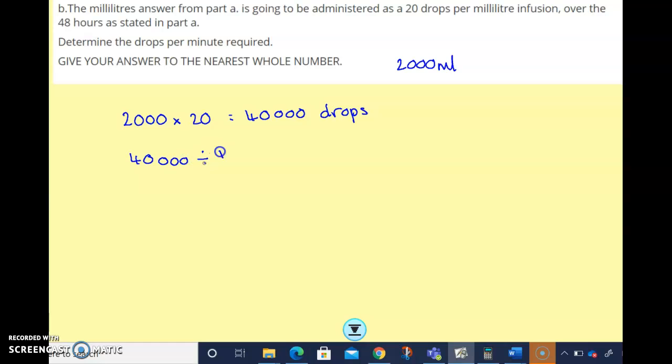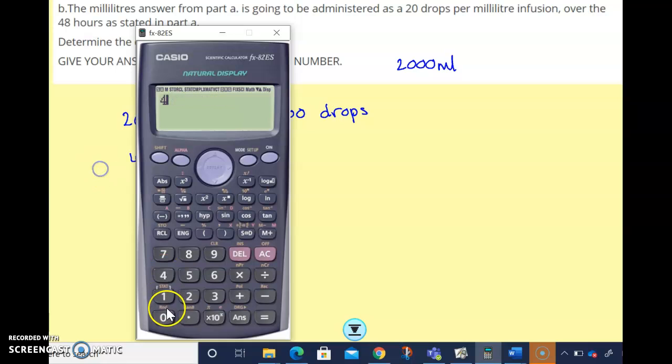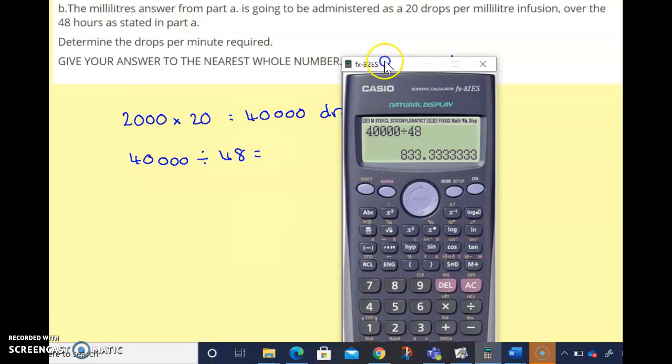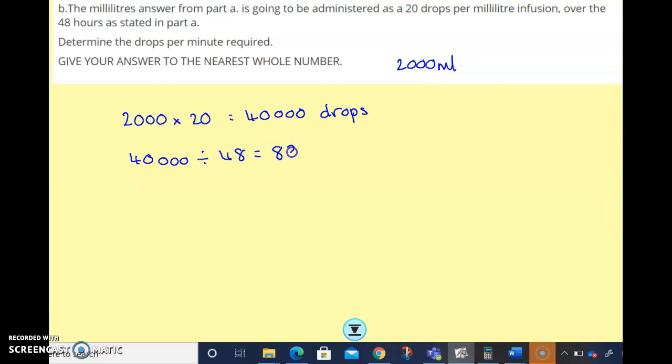So if I divide it by 48, we get 833.33333. That's every hour. I want to know how many drops it is per minute.